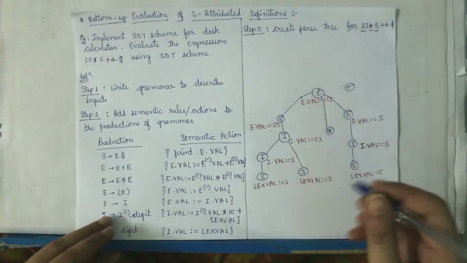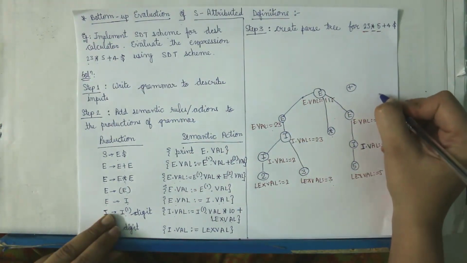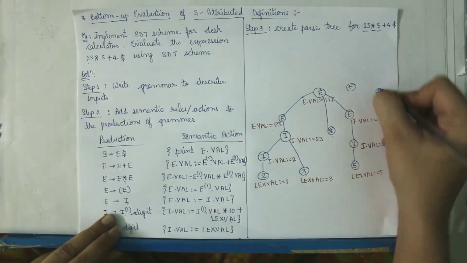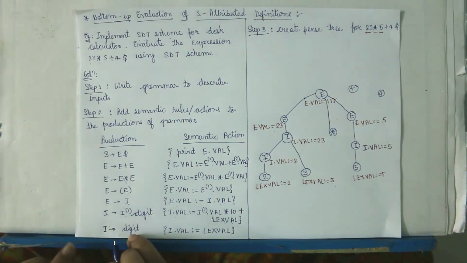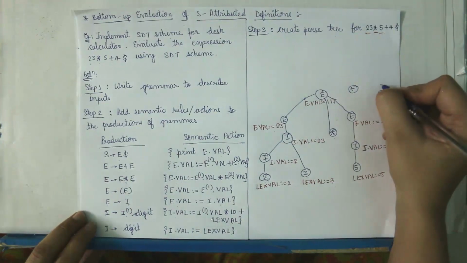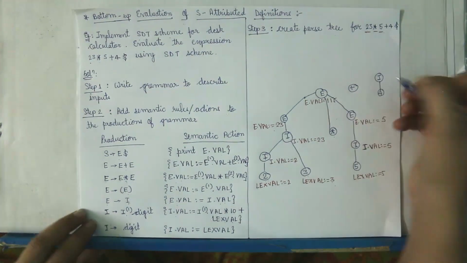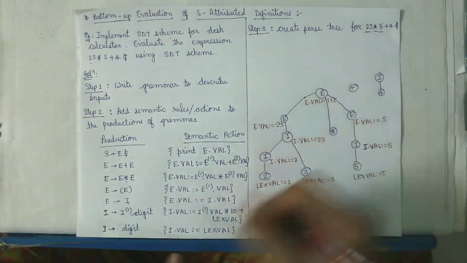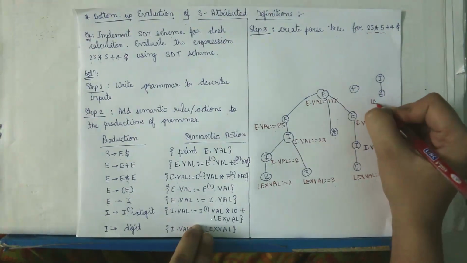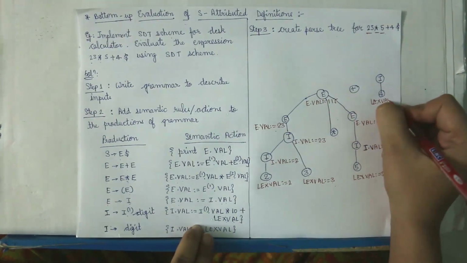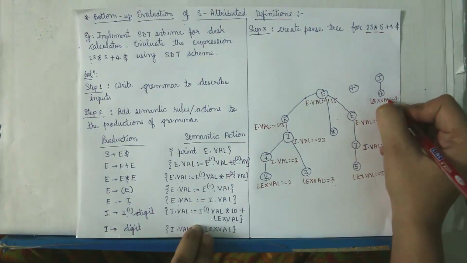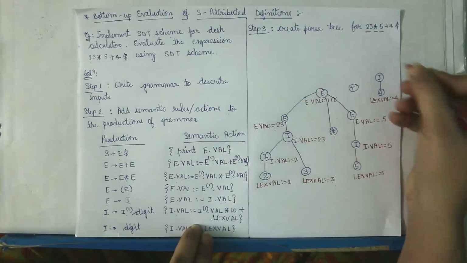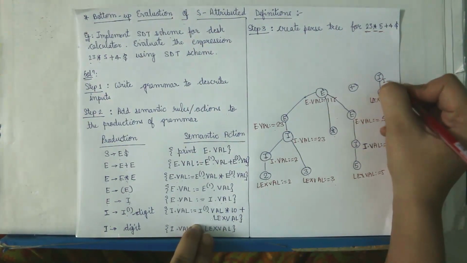Next we have 4, which is again a digit. So 4 will be a digit which you will make as I. So 4 will become I. When you make 4 as I, with 4 we have a lex value as 4 itself, and likewise that value will be assigned to I, which is I.val will be 4.